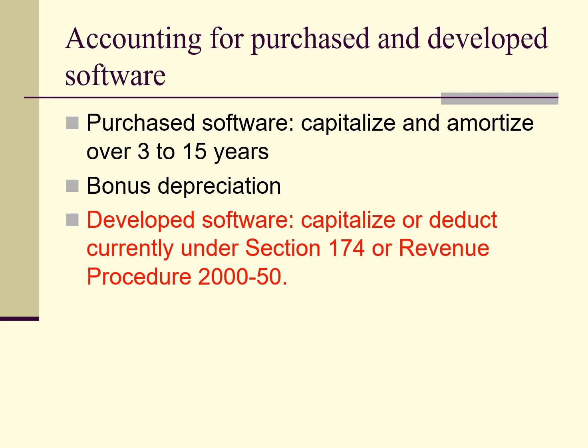Developed software may be capitalized, currently deducted, or amortized, as we will see in the following discussions. The specifics of capitalization, deduction, or amortization of software development costs may depend on whether Section 174 or Revenue Procedure 2000-50 apply to the software and whether the taxpayer is subject to Section 195.